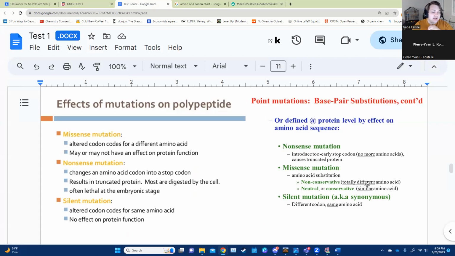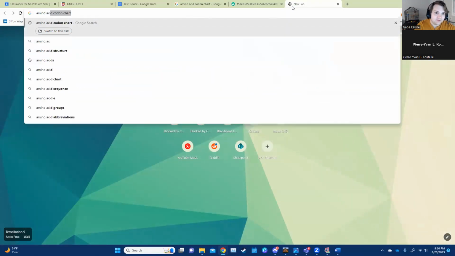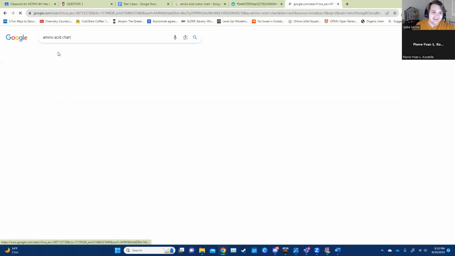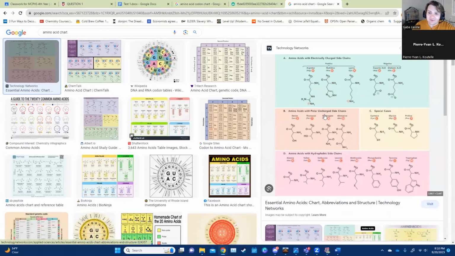So if you remember way back from Orgo, if you have an amino acid with a very similar side chain, then that would be conservative, or neutral, because you're at least producing something that's going to have the same charge, maybe the same size. But if you swap into a different category, you are going to completely change that protein.